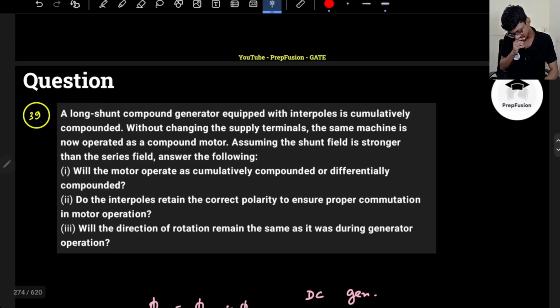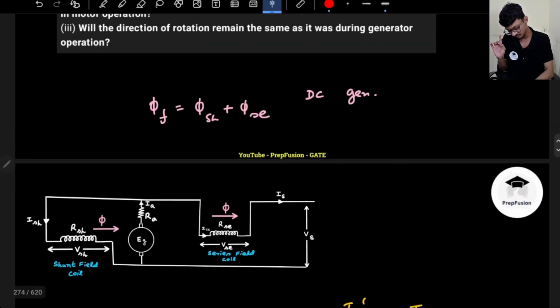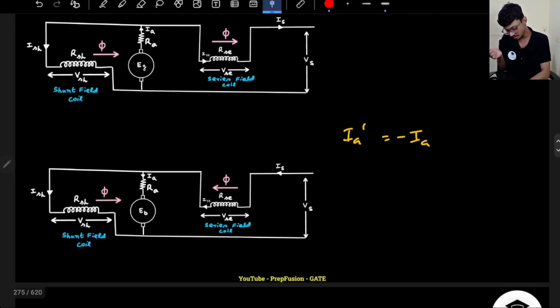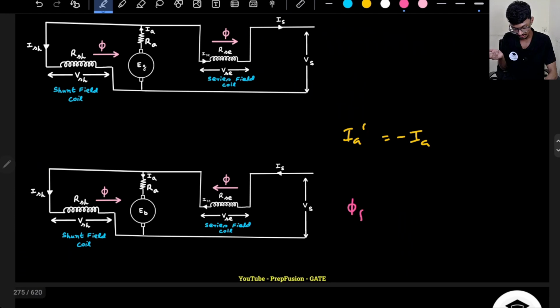So what they're telling me is that the shunt field is stronger. So now if I see the overall field flux, it is phi sh, as it is stronger, I will write this one first, minus phi se. So actually it is operating as a differentially compounded machine.